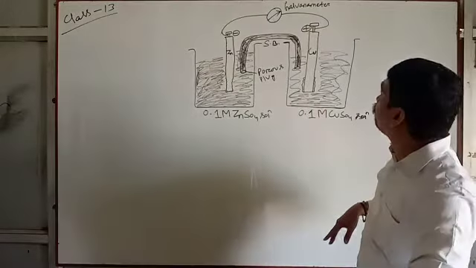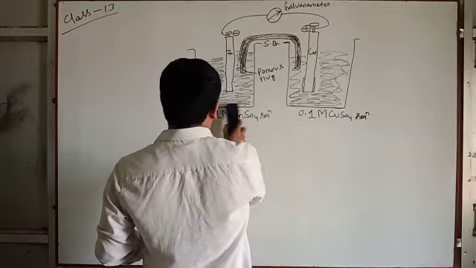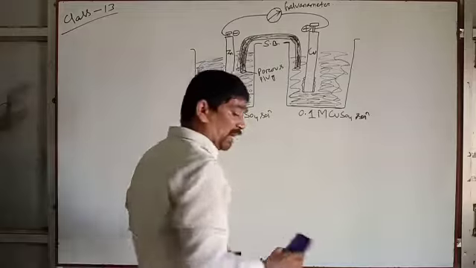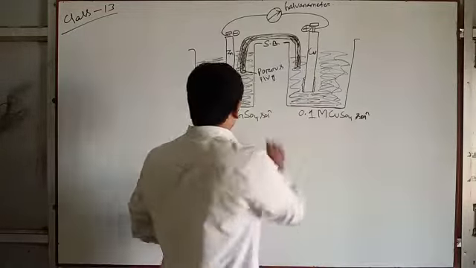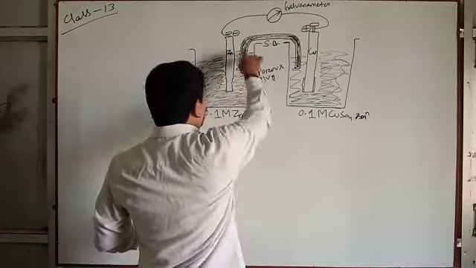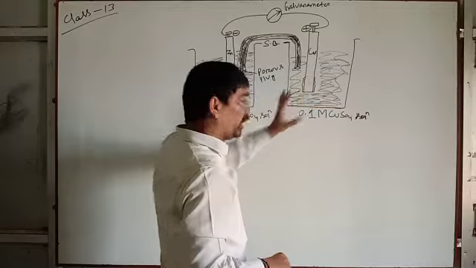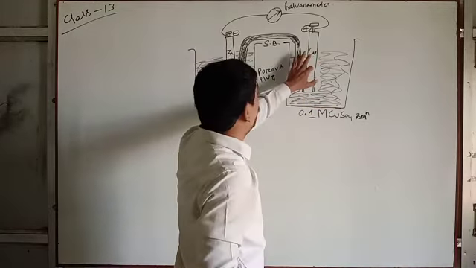Look at the diagram. This is a beaker. This is another beaker. Here, I am first explaining what is the construction. This is the first beaker, this is the second beaker. Clear? And this is zinc electrode, copper electrode.